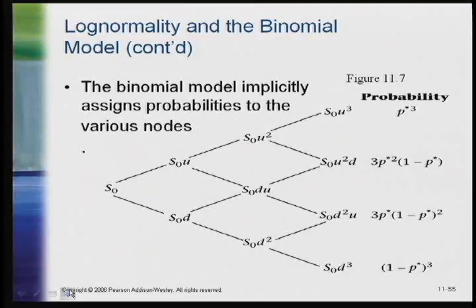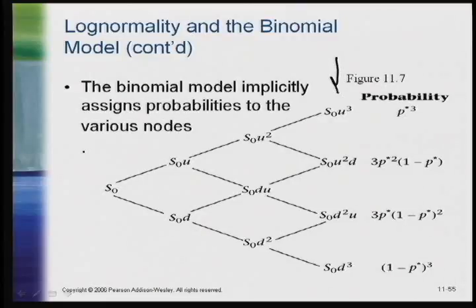So here's our binomial model with the up and down movements, the associated probabilities notated in risk-neutral P. And so P star is the risk-neutral probability of an up. And this is the binomial lattice of stock prices.